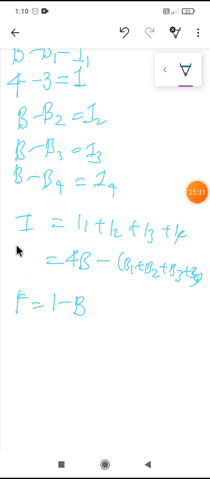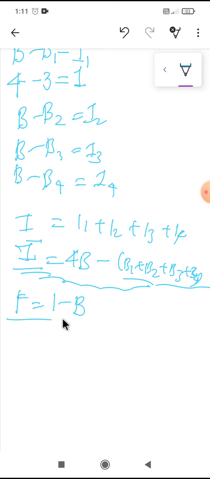From this formula we have got the value of indicated power. This is our goal, and then we can find the friction power by subtracting B from I, as friction power is I minus B.